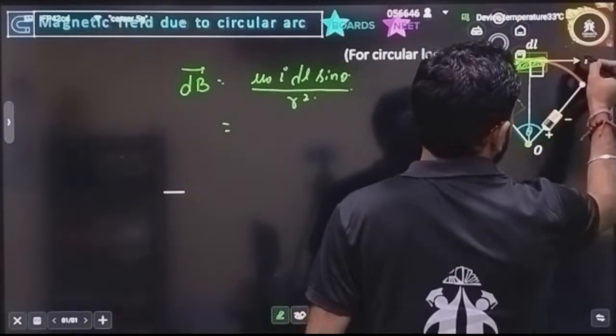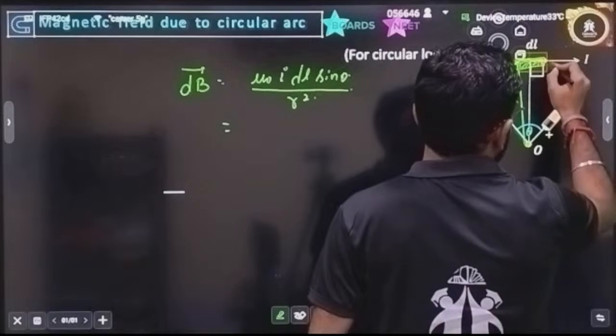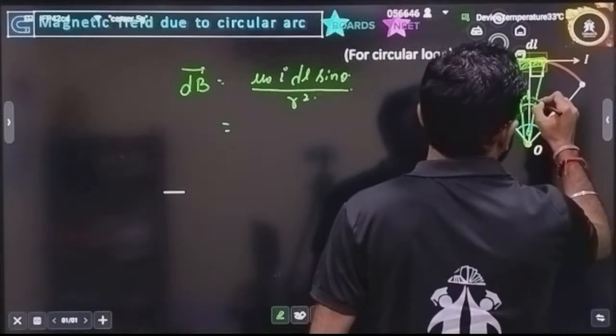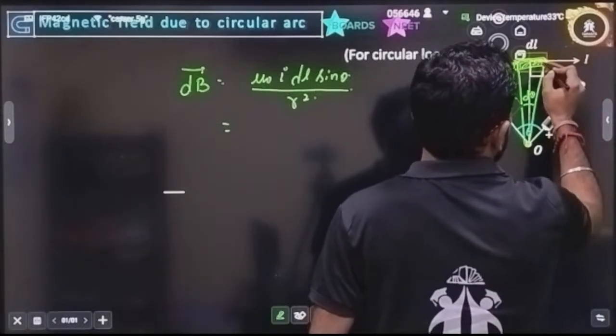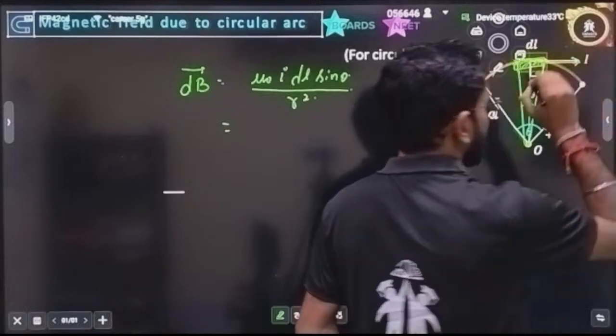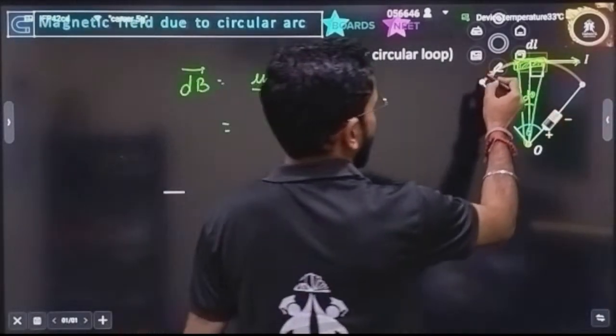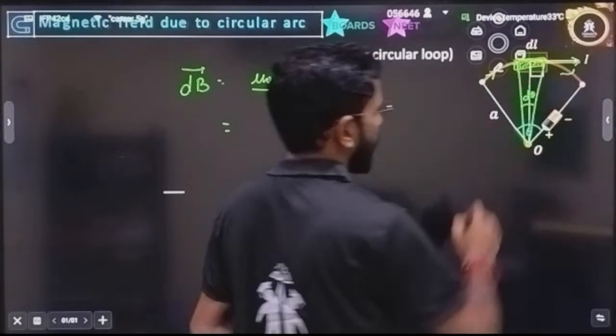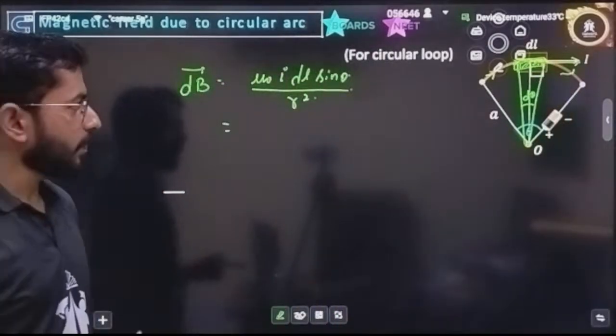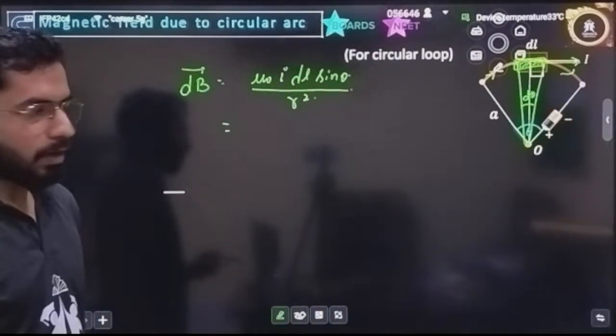I have taken this element of some thickness d theta, for example, and this is the direction of current, the flow of current here. Correct. Now, how will we solve?